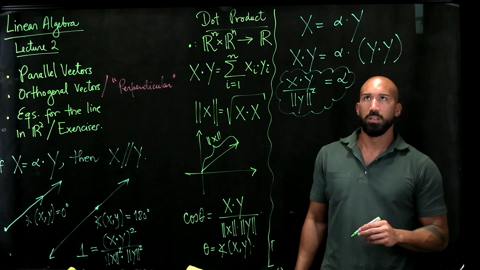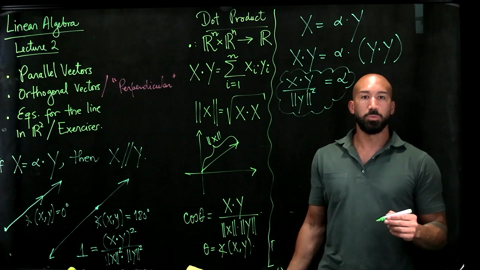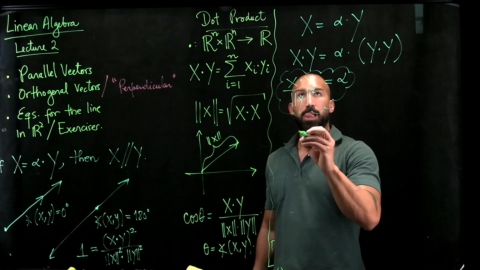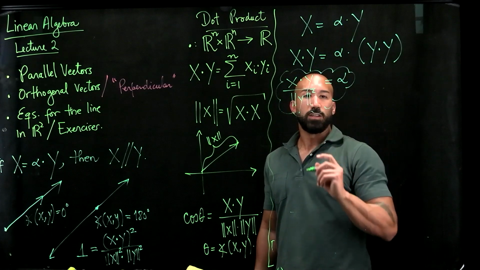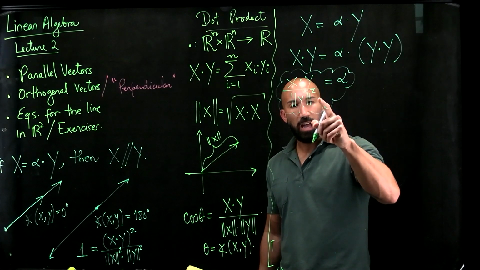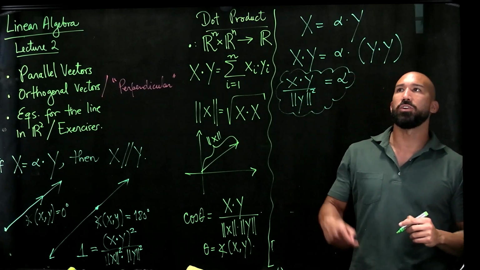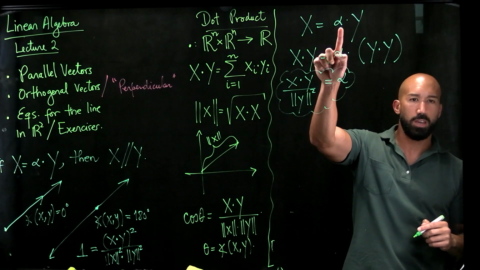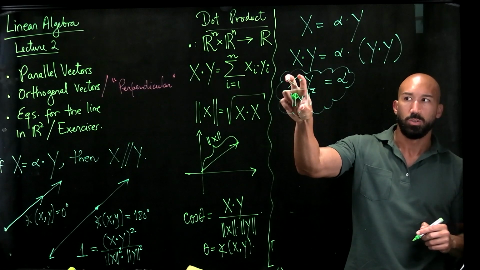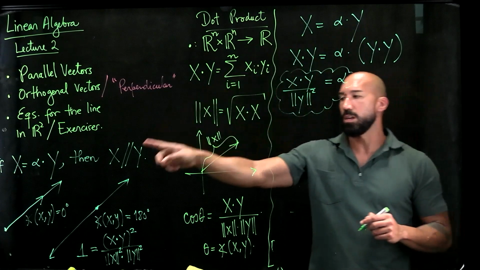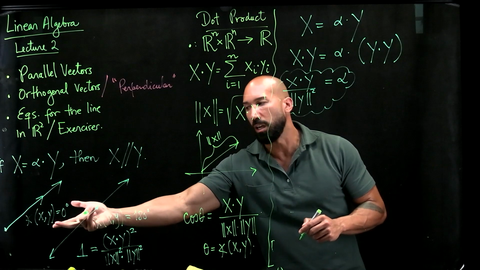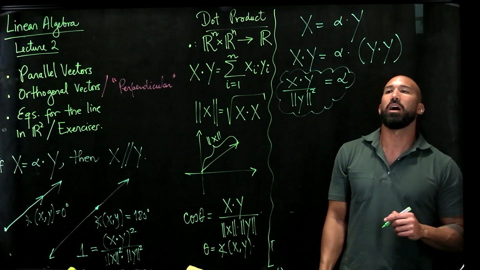What I'm going to do is prove that this alpha indeed works. That if I take alpha as this value, x is going to be equal to this alpha times y in either of these two cases, in the case that x and y are parallel.